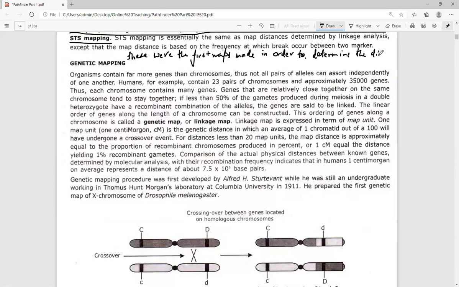The distance between the genes is calculated on the basis of the frequency of crossing over between them.